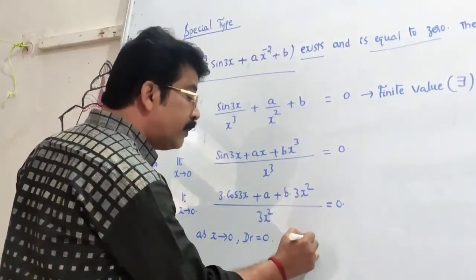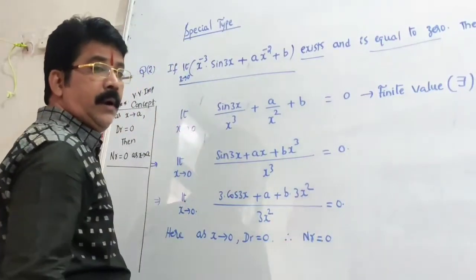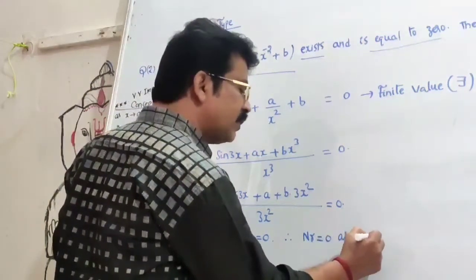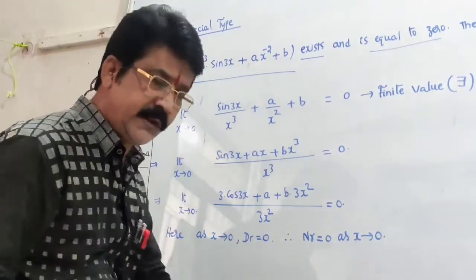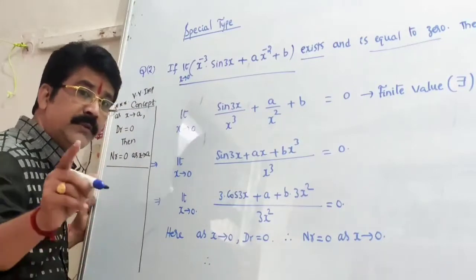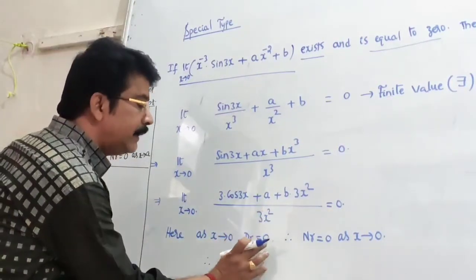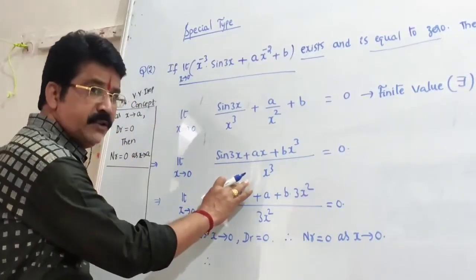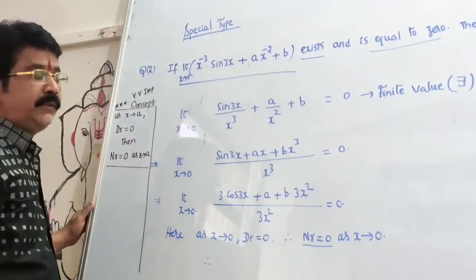Therefore the numerator also tends to 0 or is equal to 0 as x tends to the given point 0. Instead of a, 0 is given. So once again, by putting x equal to 0 in the denominator, it is becoming 0. Hence, put x equal to 0 in the numerator and the total numerator is equal to 0.